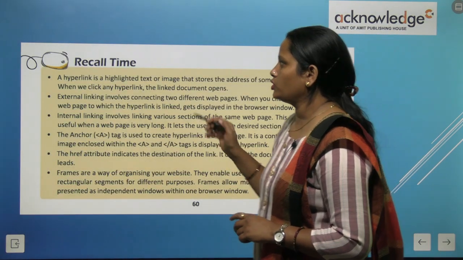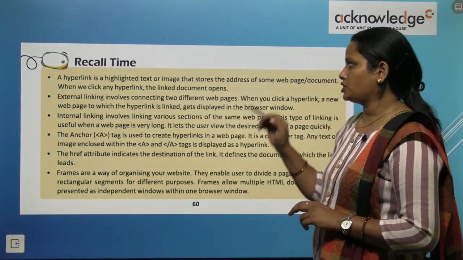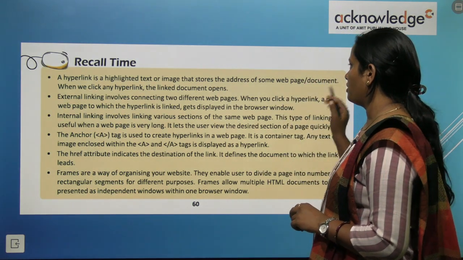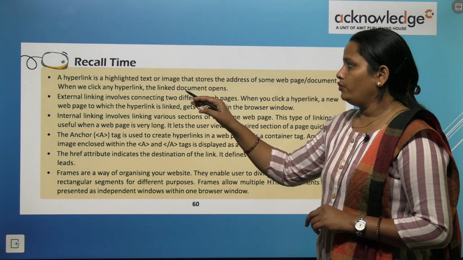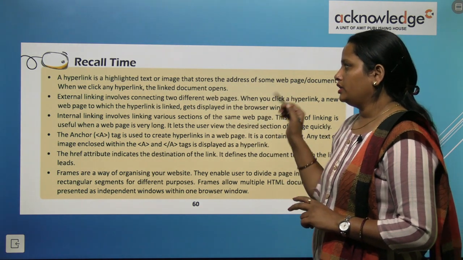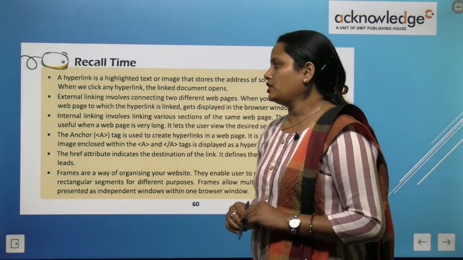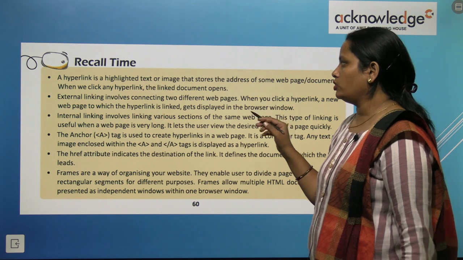Now let's quickly come to the recall time. A hyperlink is a highlighted text or image that stores the address of some web pages or documents. When we click on any hyperlink, the document opens. External linking involves connecting two different web pages.